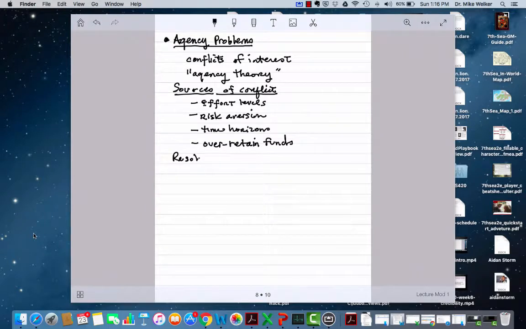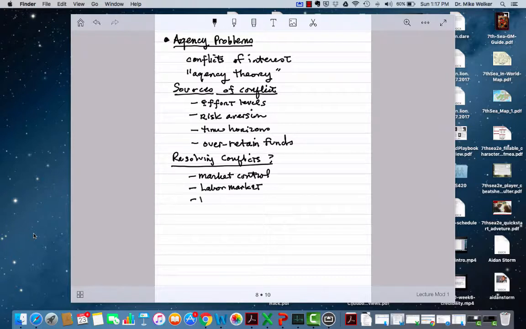So, how do we resolve these conflicts? You have, of course, market control mechanisms. Classic market control is getting the management ousted when a hostile takeover takes place. You also have the managerial labor market. Good managers are going to make more money and see reputation is valuable.